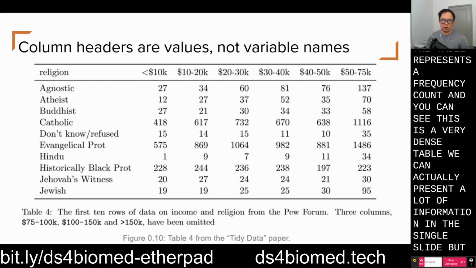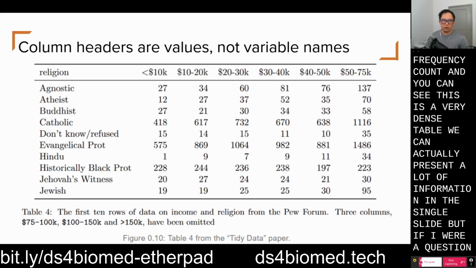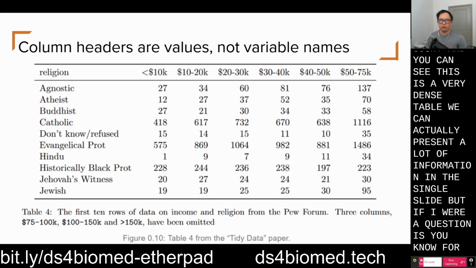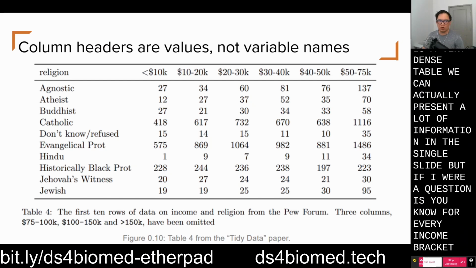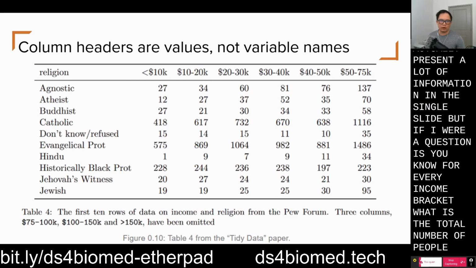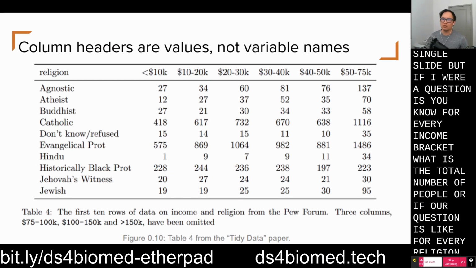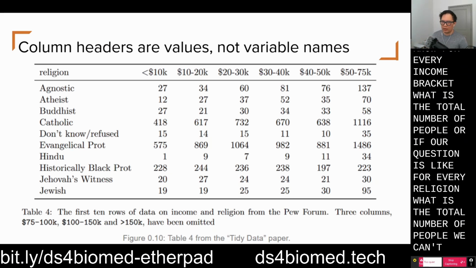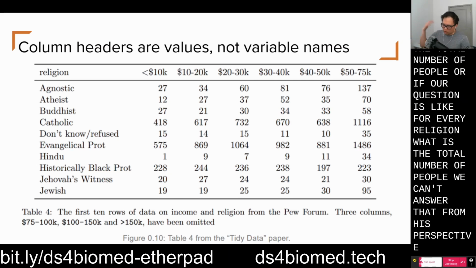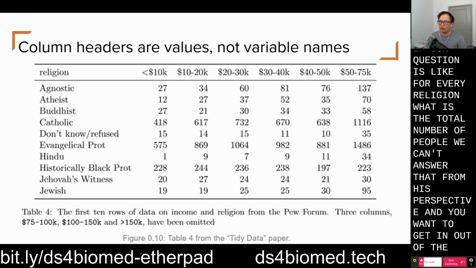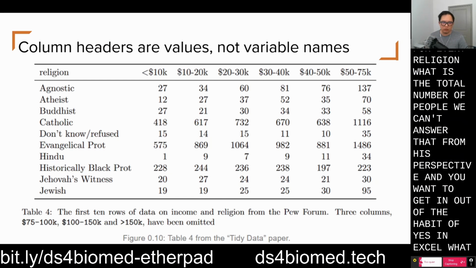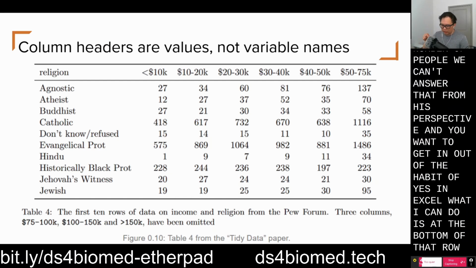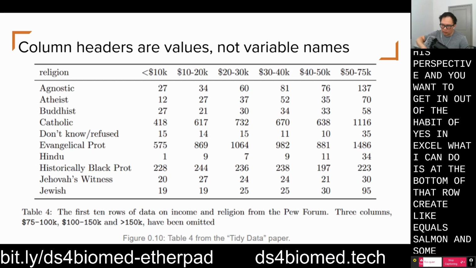But if our question is, for every income bracket, what is the total number of people? Or for every religion, what is the total number of people? We can't answer that from our perspective. And you want to get out of the habit of, yes, in Excel, creating an equals sum at the bottom of that row and summing the column.